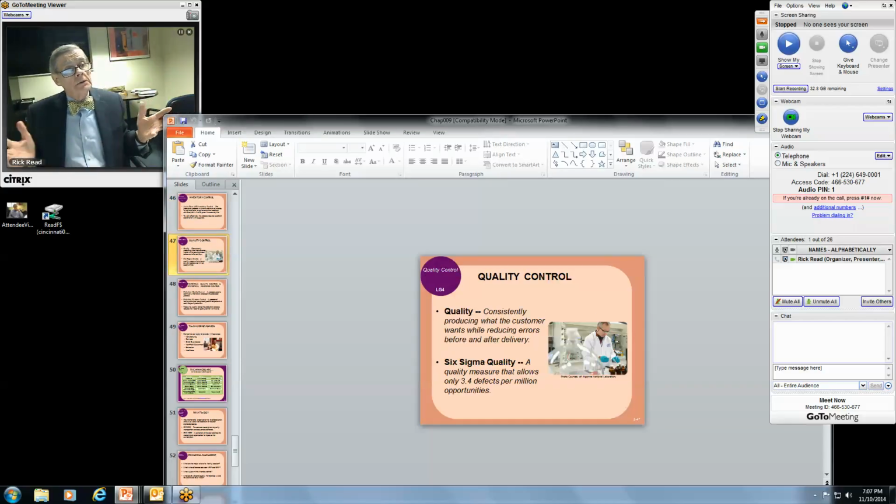Quality control, this is just quality assurance, I like to call it. This is making sure that quality is in every step of the production process, starting from purchase of raw material, and then making sure that quality continues all along the line. And notice what they talk about here, reducing errors.